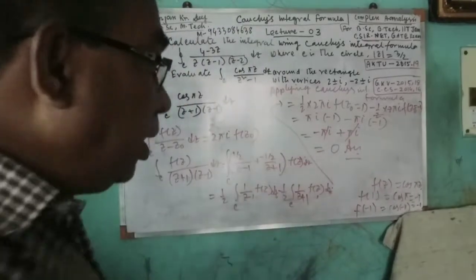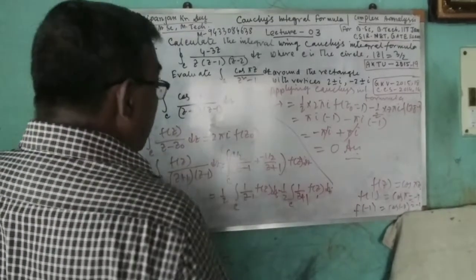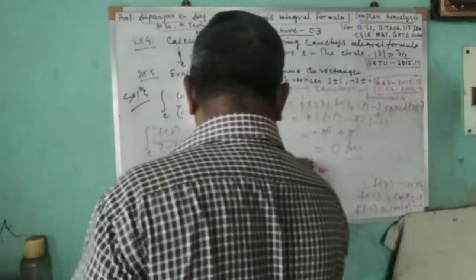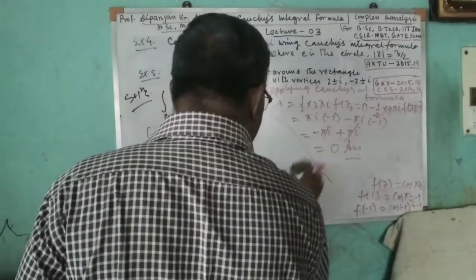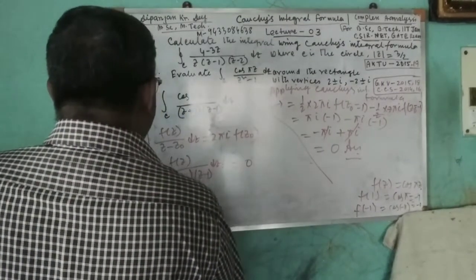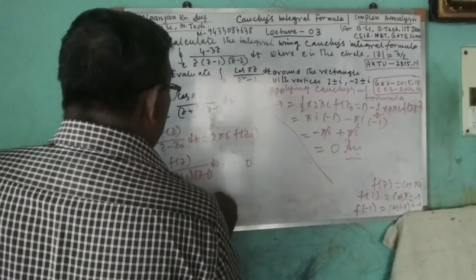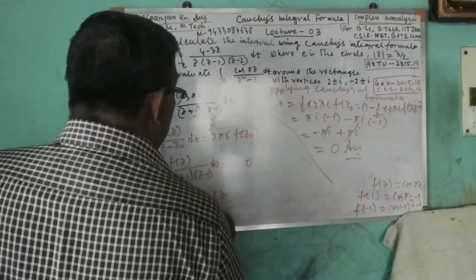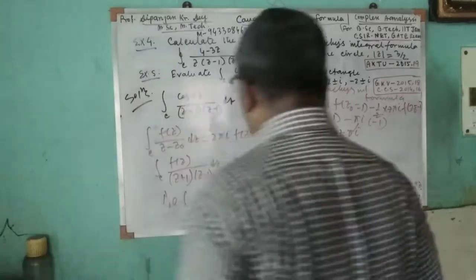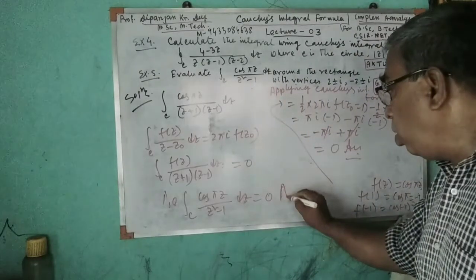Therefore the integration of f(z), where f(z) equals cos(pi z) by (z squared minus 1) dz, is equal to 0 by applying Cauchy's integral formula. So this is the answer of the second sum.